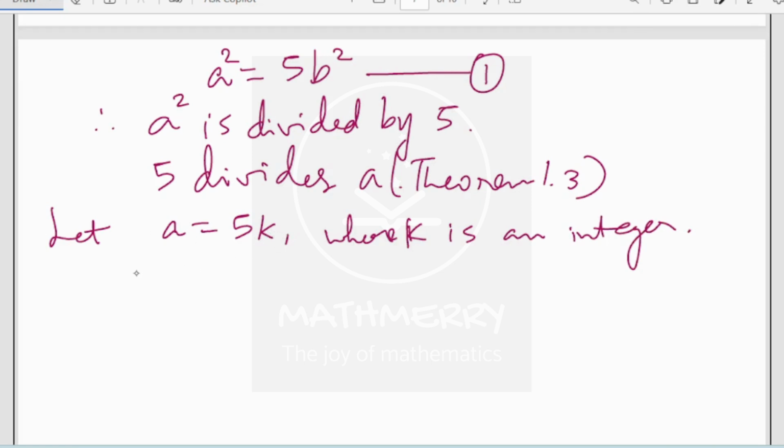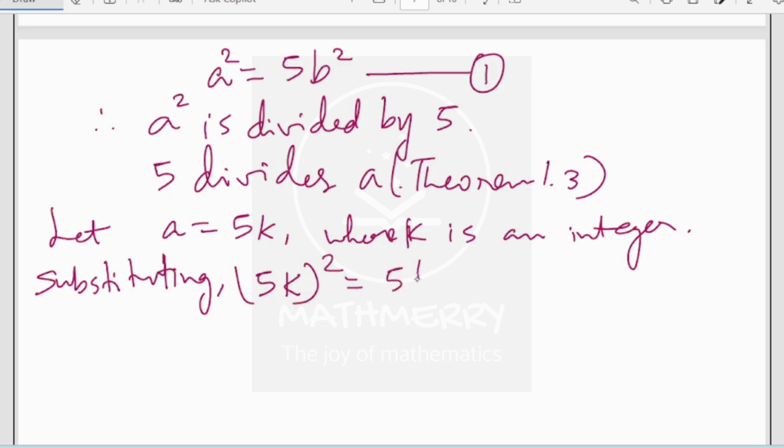Now, on substituting a is equal to 5k in equation number 1, we get 5k the whole square is equal to 5b square.